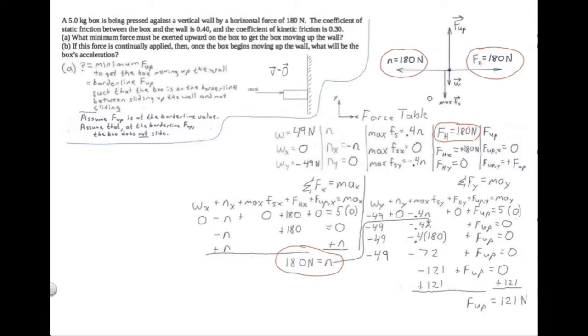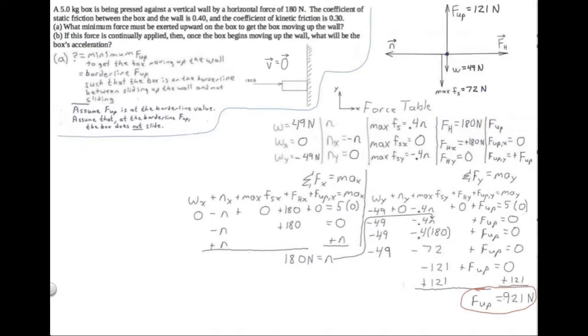So yes, it does make sense that we determined that the magnitude of the normal force equals the magnitude of the horizontal force. This symbol stands for another magnitude, so it makes sense that this result is positive. Does the size, 121 newtons, of this result make sense?